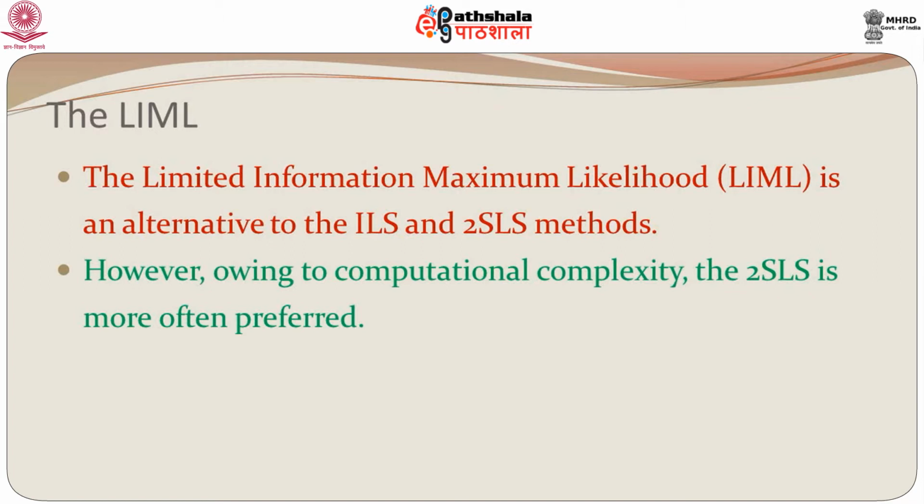Of course, the ILS is simpler, but remember that the ILS cannot be used unless you have exactly identified equations. So, if you have over identified equations, then the indirect least squares does not work, and the 2SLS or the LIML also works, but 2SLS definitely is computationally simpler and hence preferred.